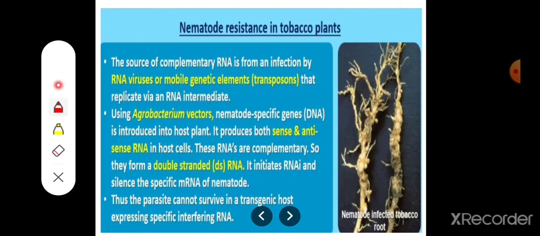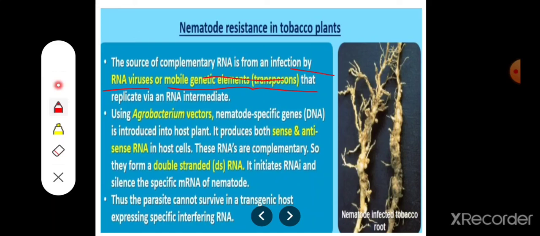Okay, now let us see the other points given in your textbook. In your textbook they have not explained any of this process, they have just given it in points. The source of the complementary RNA is from an infection by RNA viruses or mobile genetic elements called transposons that replicate via an RNA intermediate. So the host cell is infected by an RNA virus or the mobile genetic elements.